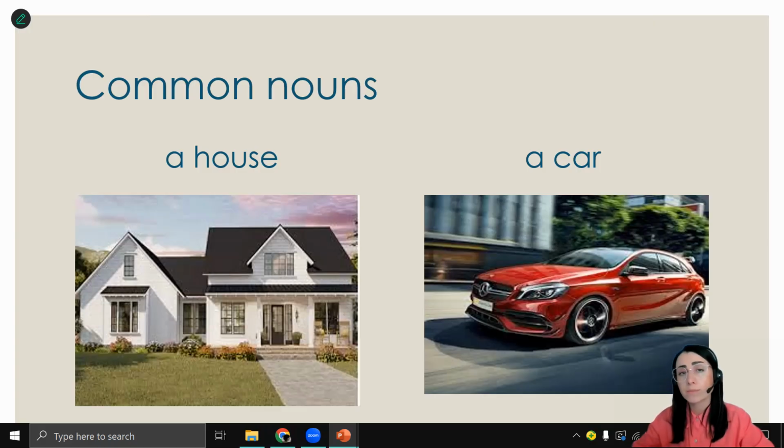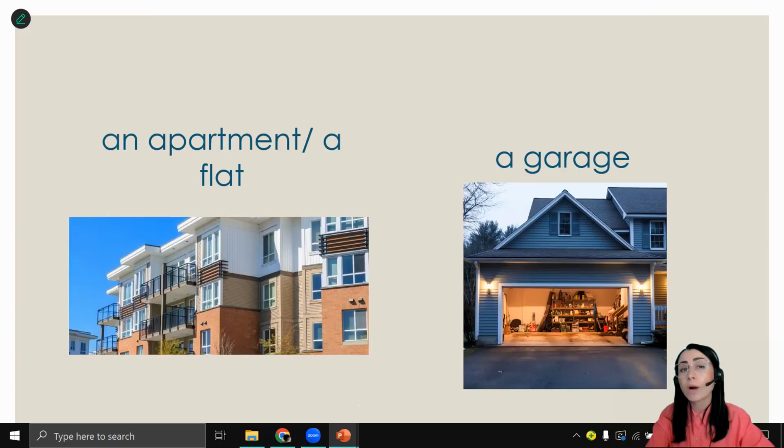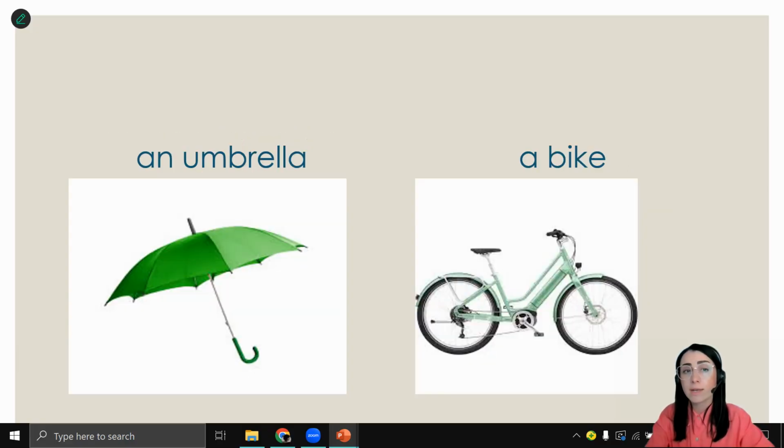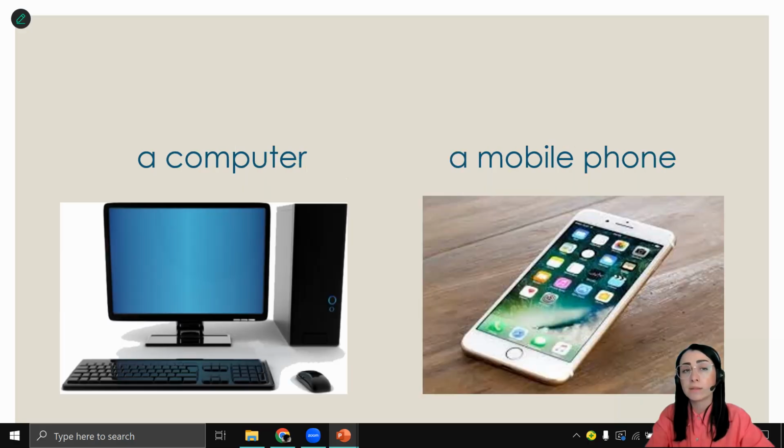A house, a house, a car, a car, an apartment, an apartment, a flat, a flat, a garage, a garage, an umbrella, an umbrella, a bike, a bike, a computer, a computer, a mobile phone, a mobile phone.